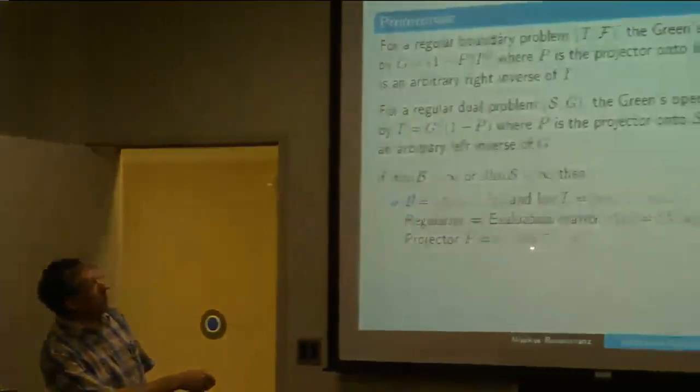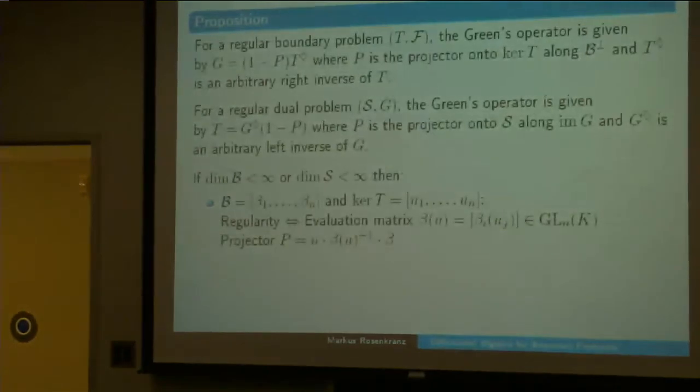And that gives you the so-called evaluation matrix, and regularity of your boundary problem is exactly equivalent to the regularity of this evaluation matrix. And more than that, the projector is essentially the inverse of this evaluation matrix.